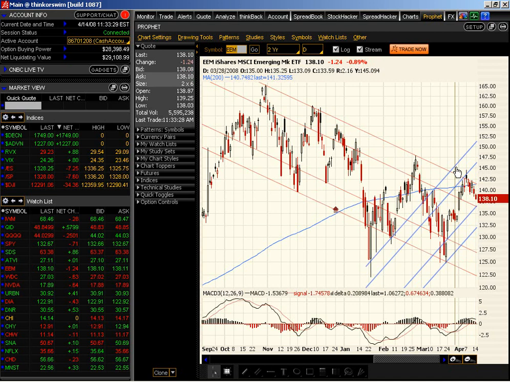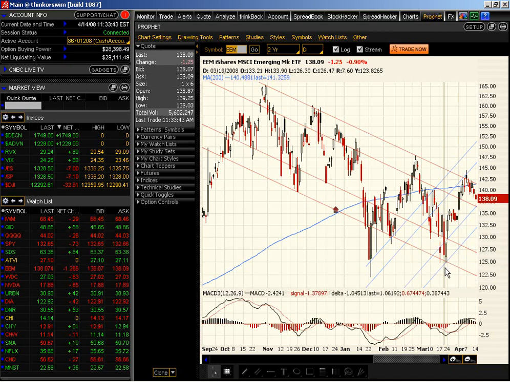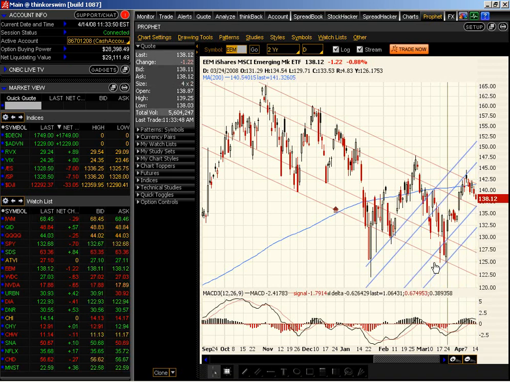Let's say if it does start to follow this blue line, this upward channel here, I want to try to find puts right around the 132.50 level, which is the edge of the lower channel line that I've already set up here. We've got 1 point on it, so it's not really a confirmed channel line yet. But on the upside, you've got about 3 points where it's hit, and it looks like it's trying to follow it.